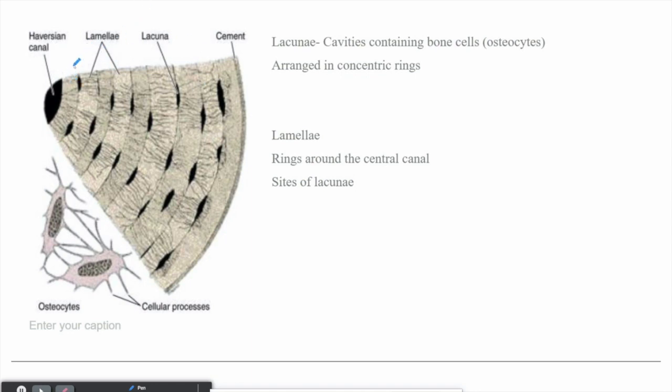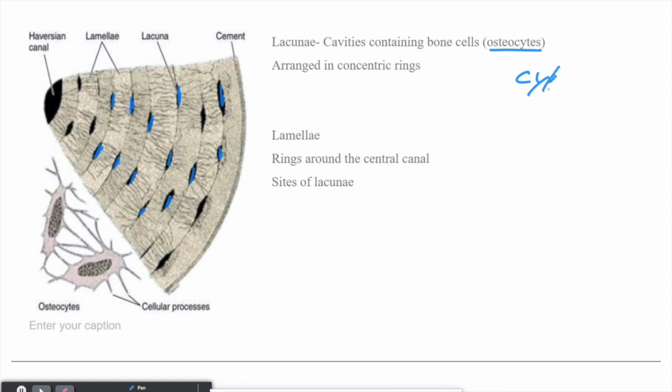These lamellae have these little dark spots, these little spaces in them called lacunae. These lacunae are going to hold and produce new bone cells, and bone cells are called osteocytes.